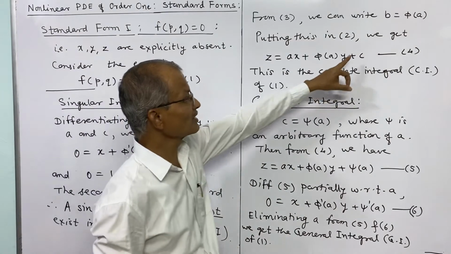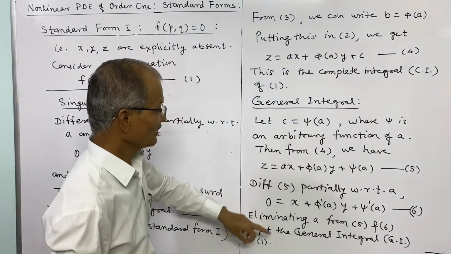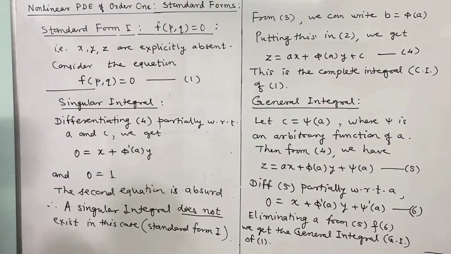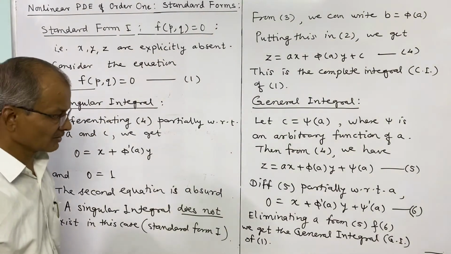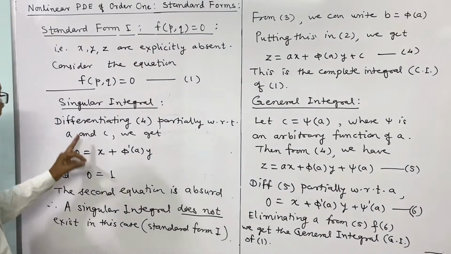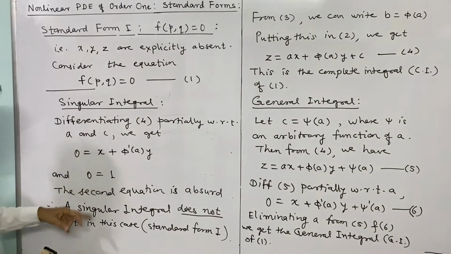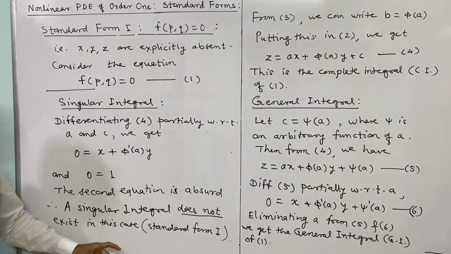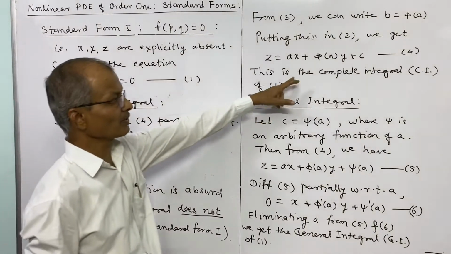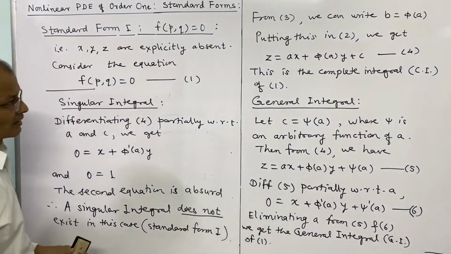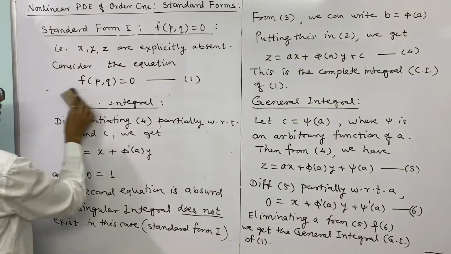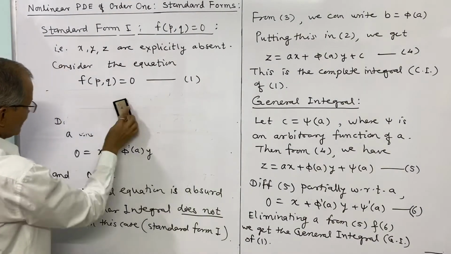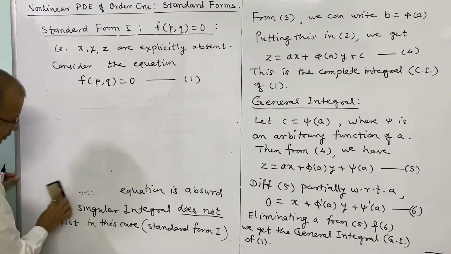We should consider c as a function of a, then differentiate with respect to a and eliminate a between 5 and 6 to get the general integral. And one thing is to be noted: the singular integral does not exist for this. So only two integrals are possible, complete and general integral. Now we will consider some problems so that the procedure will be more clear.